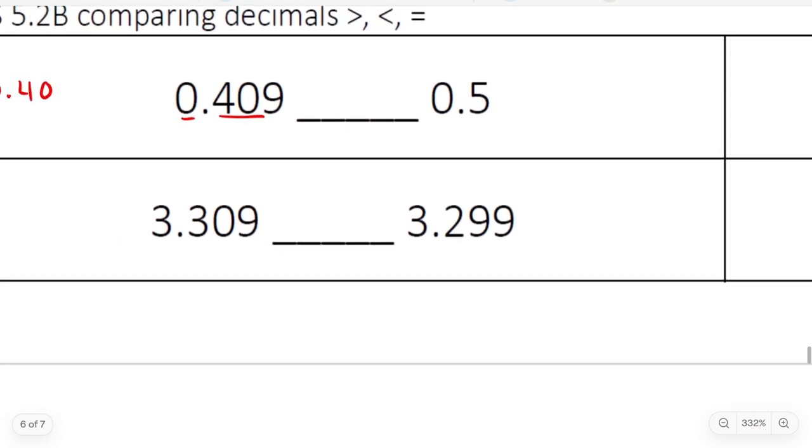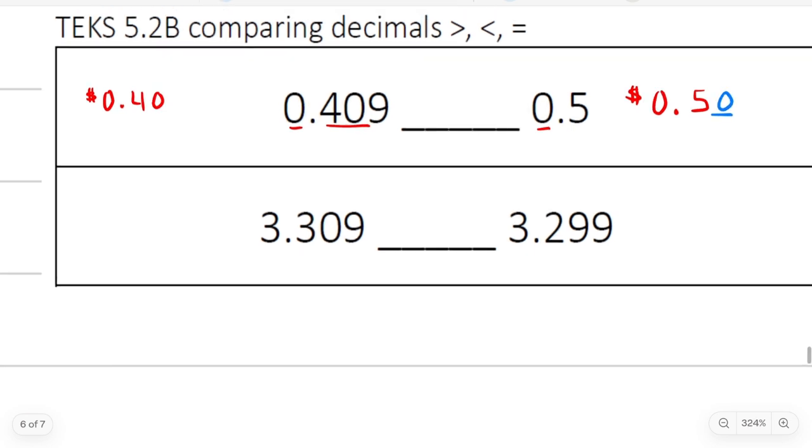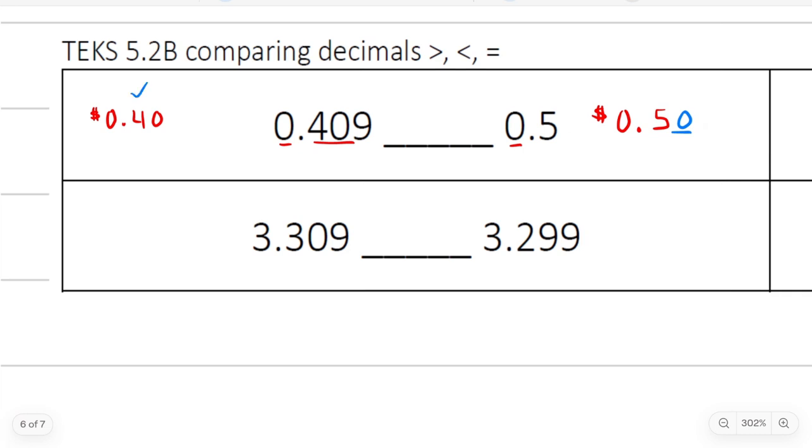And on my other side, I have $0, and I cannot just write a 5 there because if we're thinking about money, I need 2 digits there, right? So this one is technically 50 cents. So now what I see is that on this side, I have 40 cents, and on this side, I have 50 cents. Well, now I know that my 50 cents is bigger than my 40 cents. So that's how we would write it.